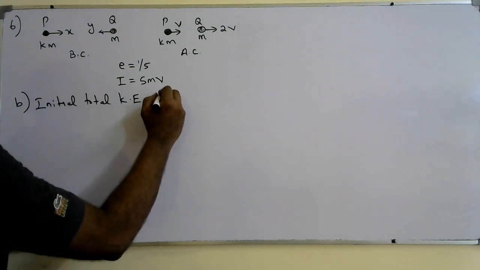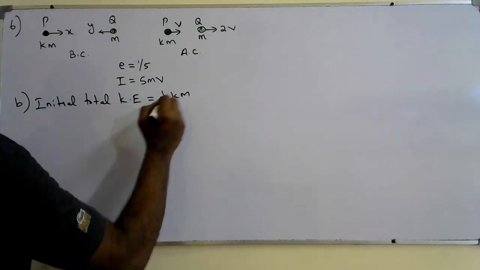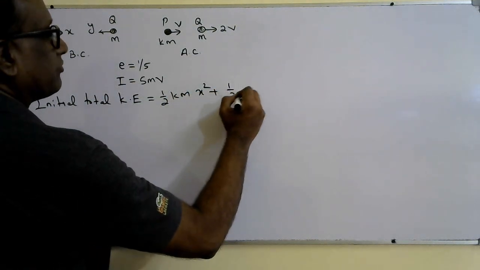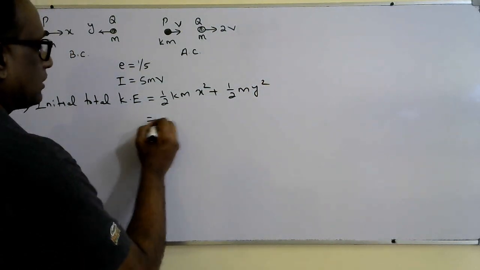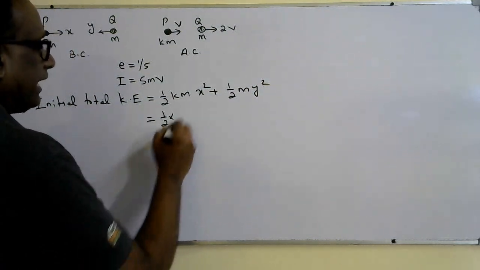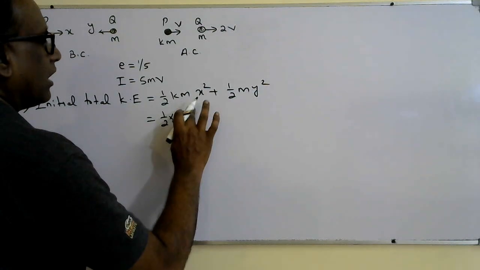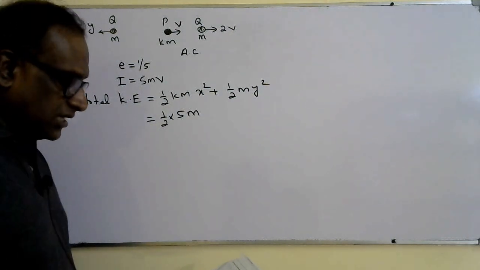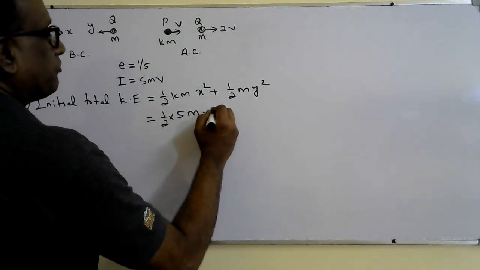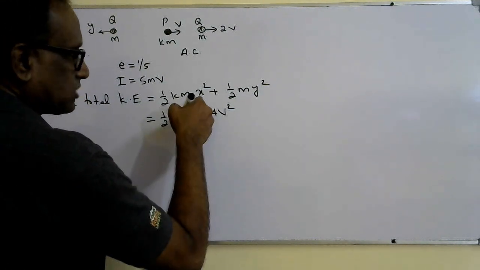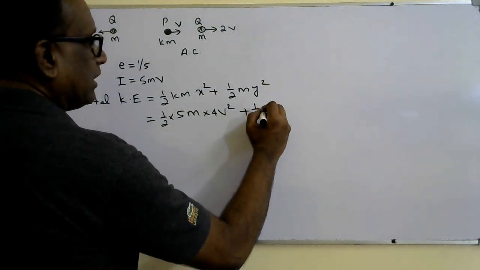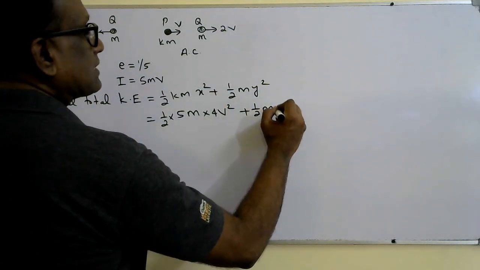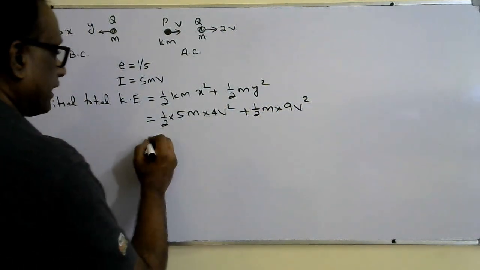is equal to half km x squared plus half m y squared. Substitute, we know k is 5, so half 5m x squared. x we found as 2v, so 2v all squared means 4v squared, plus half m, y is 3v, so that is 9v squared.